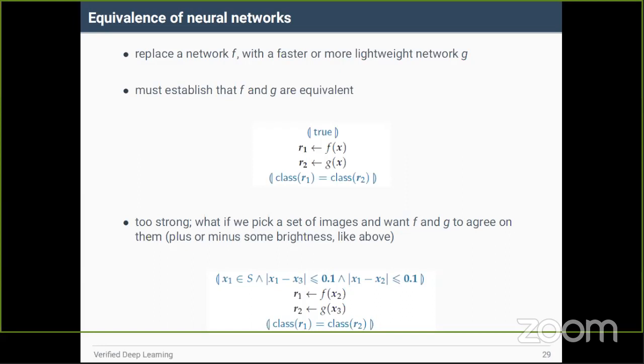For some other application, this might be too liberal. We're not worried about that. We are just saying that, look, here is a stronger property, and here is one way to specify a slightly weaker property, where we don't want them to agree on everything, but agree on things which are picked from a set plus or minus some brightness. So this is how we can specify this property.